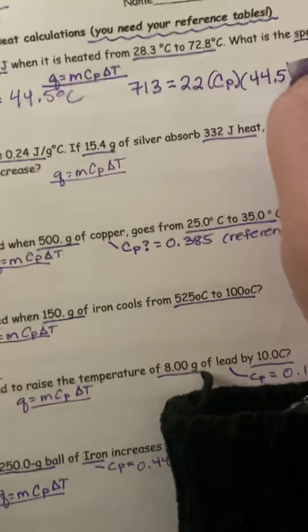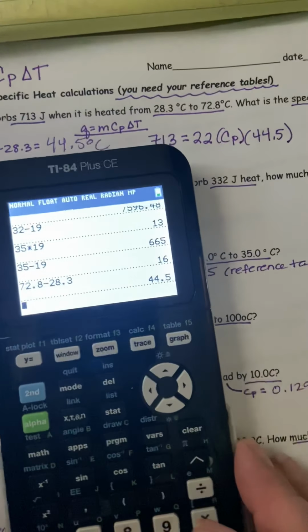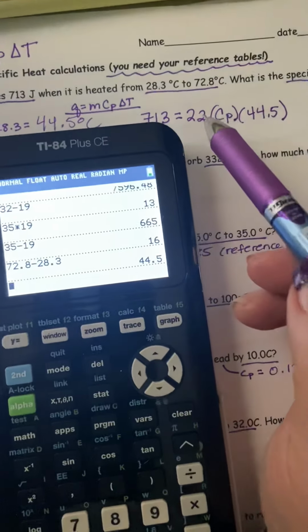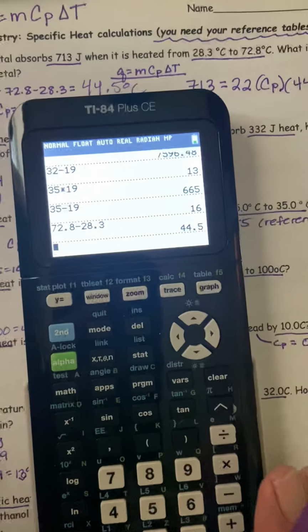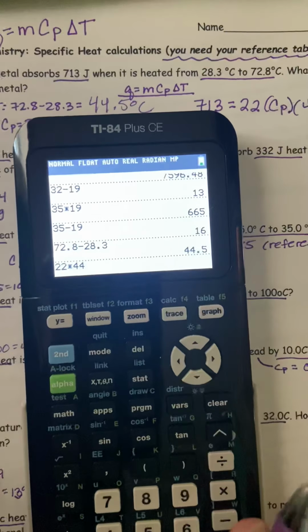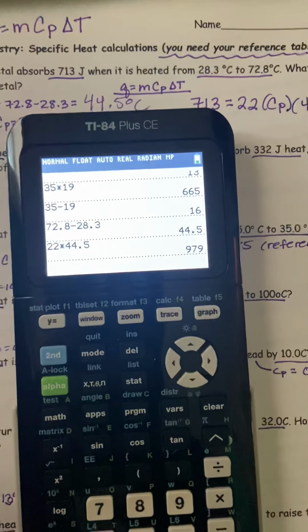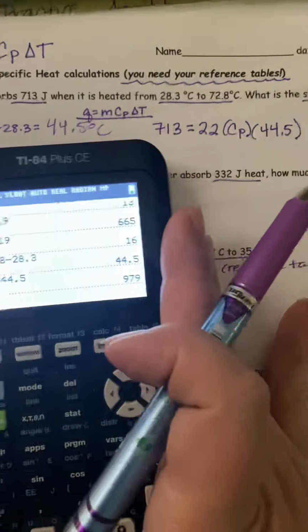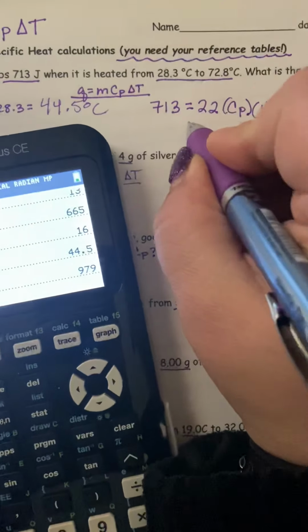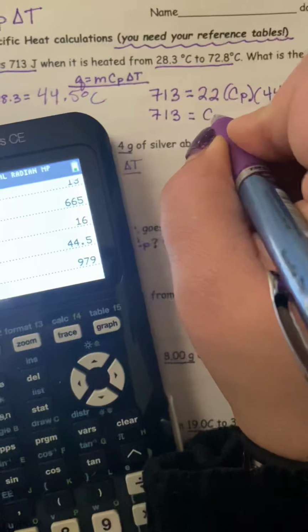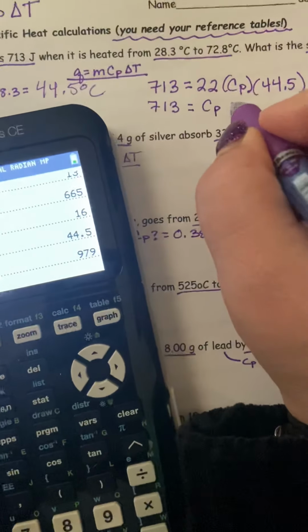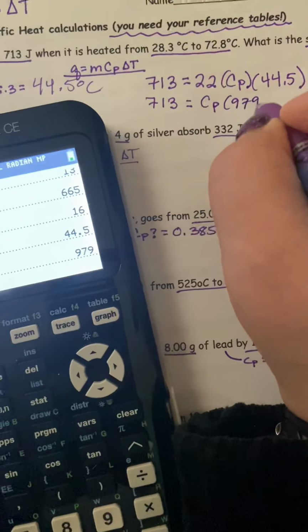Now you have to multiply that 22 and 44.5 together. 22 times 44.5 equals 979. So you're going to say 713 equals CP times 979.